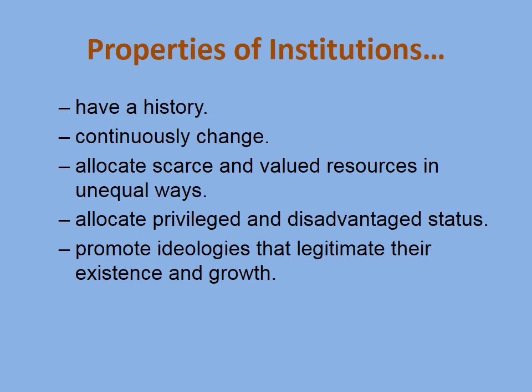Someone can be a convicted felon. That is a disadvantaging status. It will make it more difficult to get a job. You might not be able to rent an apartment or perhaps buy a home in certain areas or within certain proximities of schools, for example. So convicted felon can be a disadvantaging status.